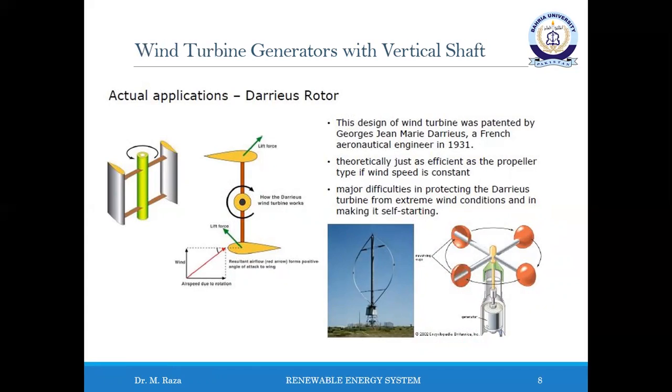When the Darrieus rotor is spinning, the airfoils are moving forward through the air in a circular path. Relative to the blade, this oncoming airflow is added vectorially to the wind so that the resultant airflow creates a varying small positive angle of attack to the blade.